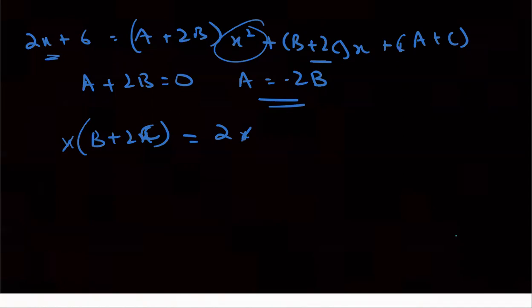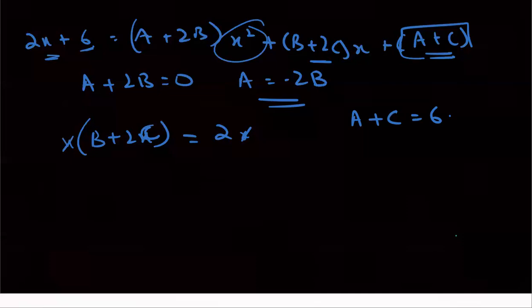And the equation becomes b plus 2c is equals to 2. And the next equation, the third, a plus c is equals to 6. So a plus c is equals to 6.